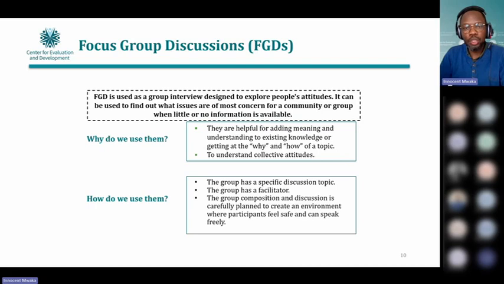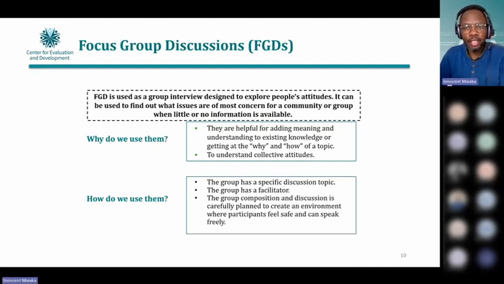For instance, if we want to discuss women empowerment, we might have a focus group discussion with women. And usually the number is between 6 and 10, because that is a recommended number that is manageable, where you can still have a good discussion without going over time, and everyone has a chance to say what's on their mind.